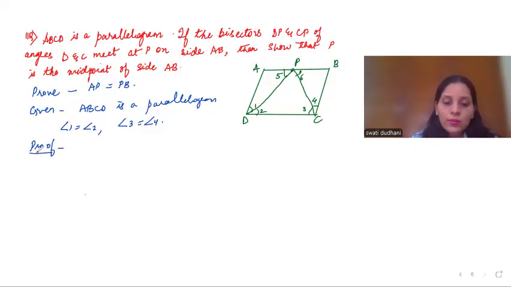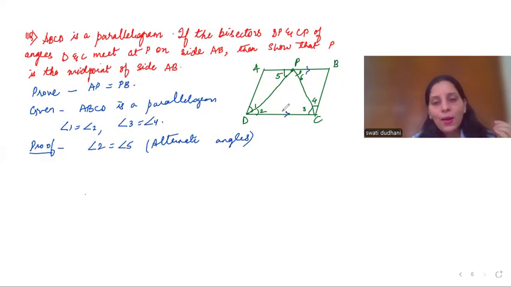What do we do first? See, we know 2 and 5 are equal. Why? Because alternate angles are always equal. In a parallelogram, opposite sides are parallel. 2 and 5 are equal, but 2 is equal to 1. So, I can write 1 and 5 are equal.